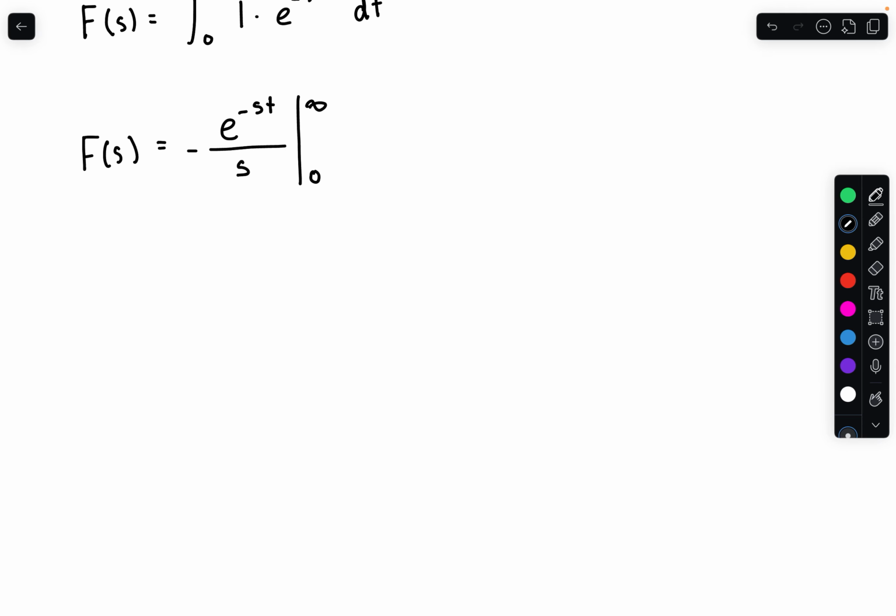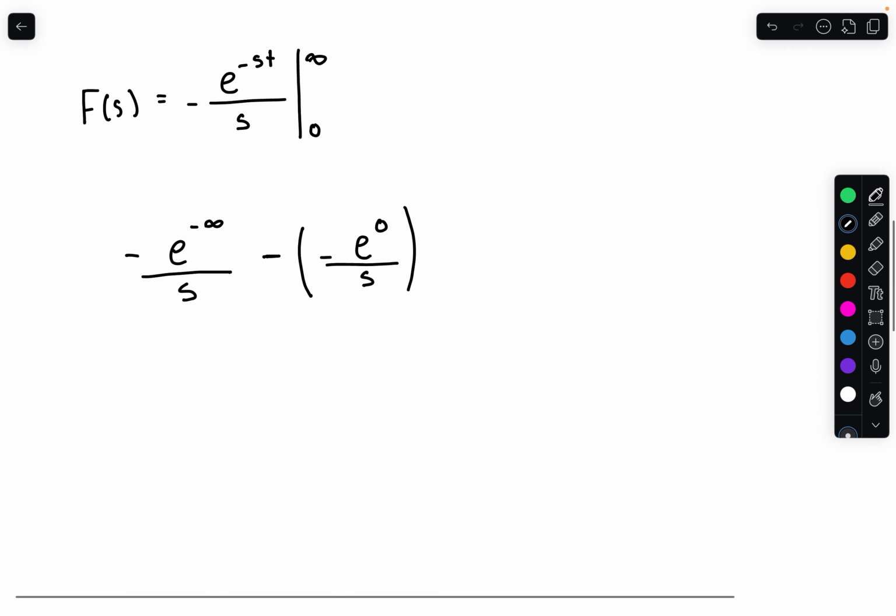Now, if we evaluate this and plug in infinity and 0, we get negative e to the negative s times t, where t is infinity, which is just e to the negative infinity divided by s, and then we're going to do minus negative e to the negative s times t, where t is 0. So this just gives us e to the 0 divided by s.